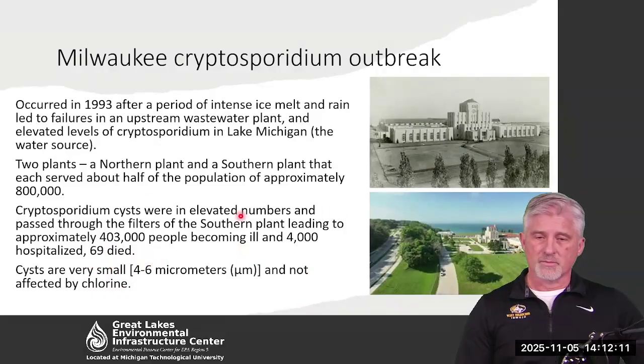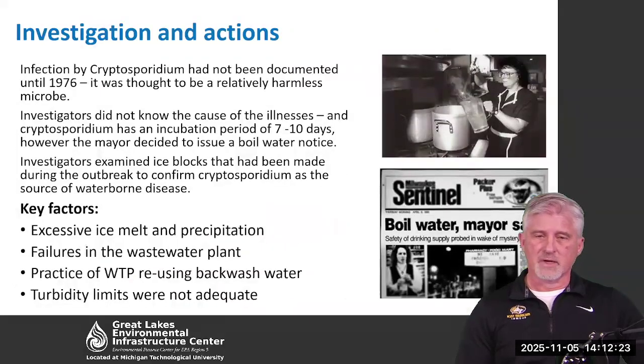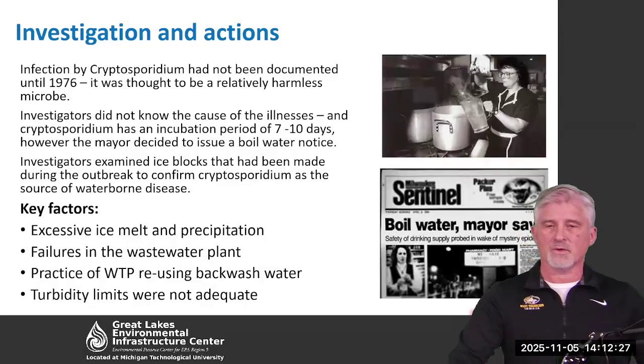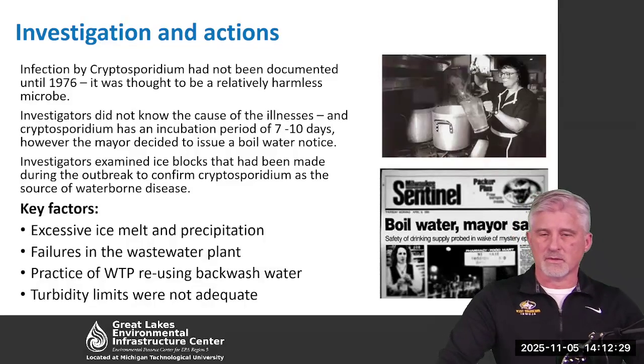So as you can imagine, this was a very, very big thing that happened in Milwaukee in 1993. And these cysts, we said, are small and they're not typically affected by chlorine. So what did they do to find out about this, and what did they do as a result of it? We didn't really know a lot about Cryptosporidium until 1976.